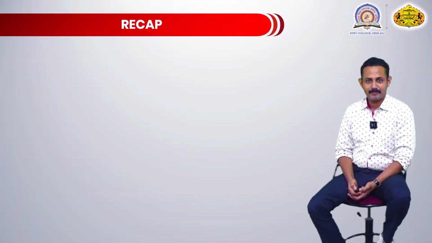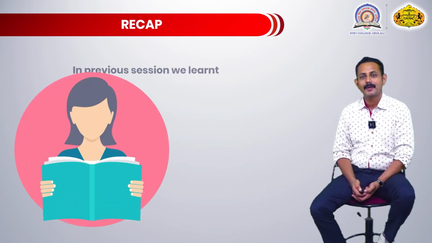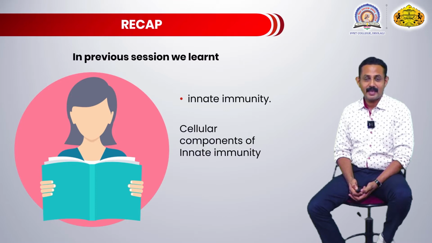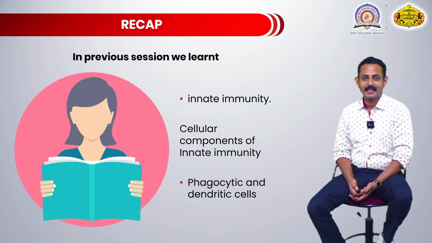Let us see a brief recap of our previous session. In our previous session, we saw in a very detailed manner the innate immunity, its definition, its concepts, its types, and its working at different levels. We also saw how different cells present in the body, especially in the blood, work for innate immunity to fight against infection.